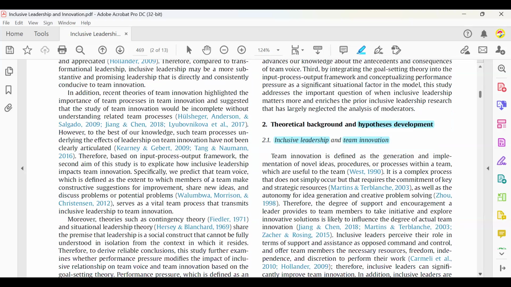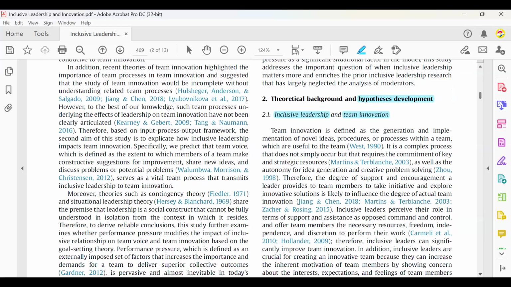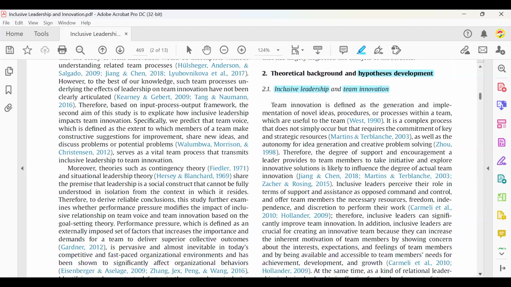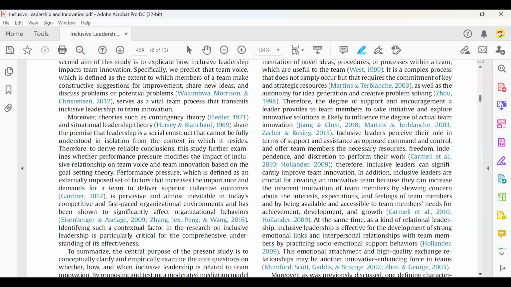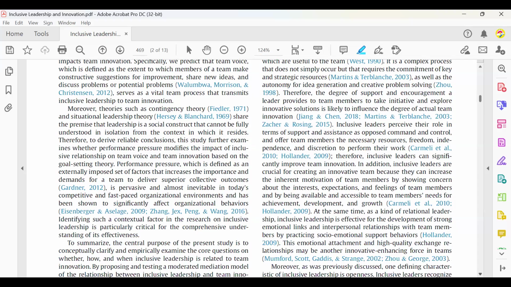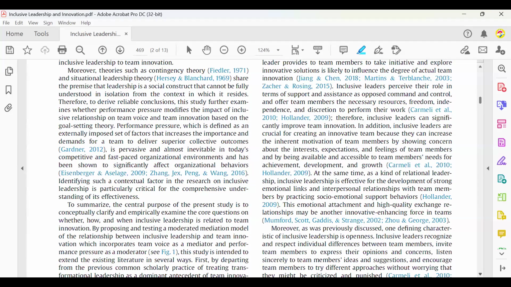So the article goes on to talk about team innovation, how it is a complex process, and how the type of leadership impacts team innovation. So they provide literature and other studies that have been published on that relationship.